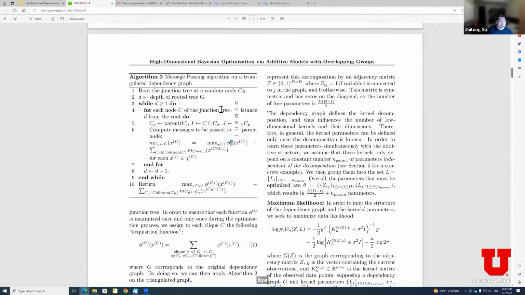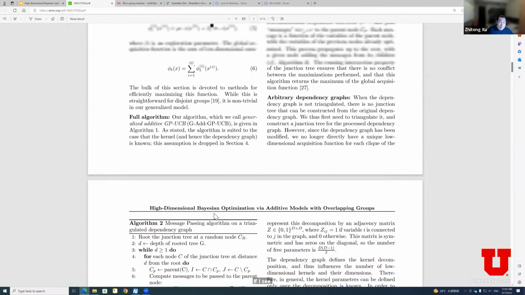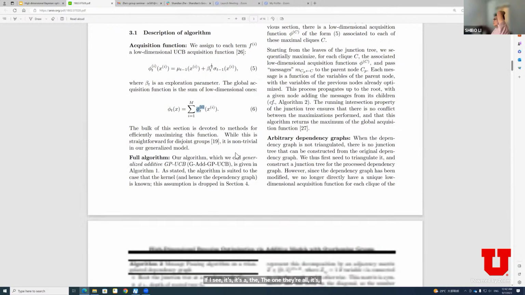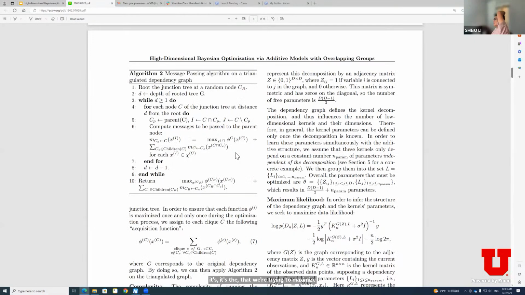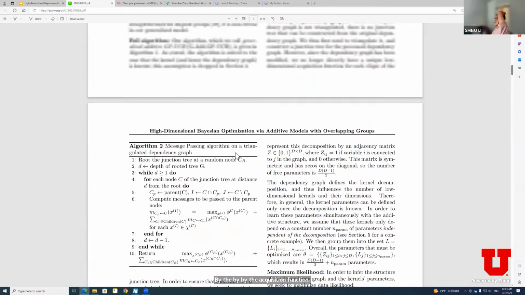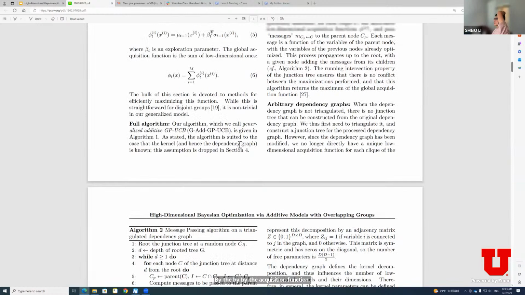Phi C is the kernel function. It's the acquisition function that we're trying to maximize. I think their potential function is defined by the acquisition function. But how do they compute the acquisition function? Equation 5. Can I go to equation 5? Yep.